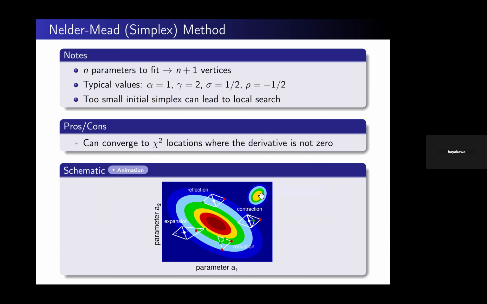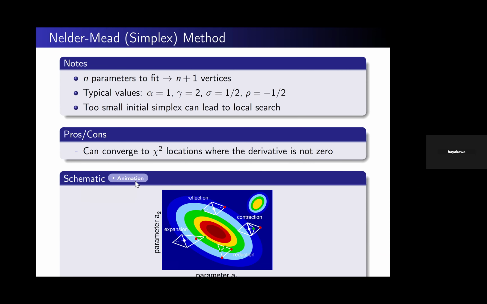There might be other minima, but this is the global minima. And these actions try to move this triangle closer and closer to this trough or this sink, this bowl area. So you'll see in an animation what's going on here.